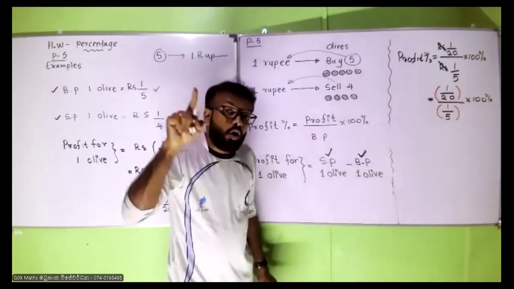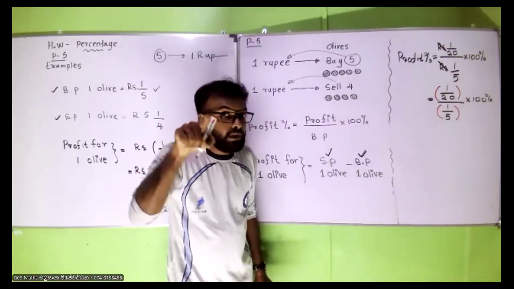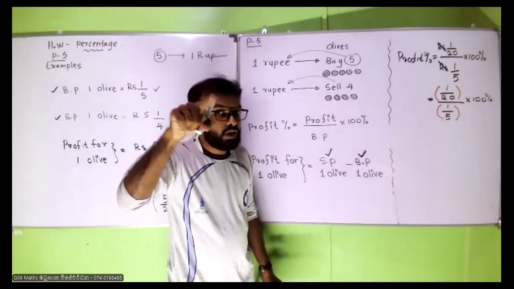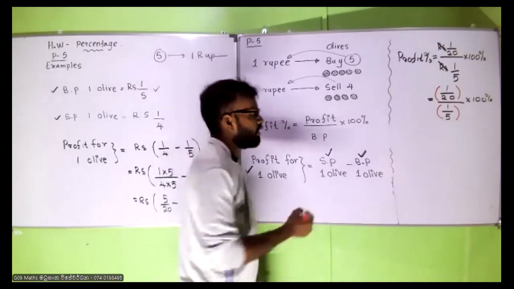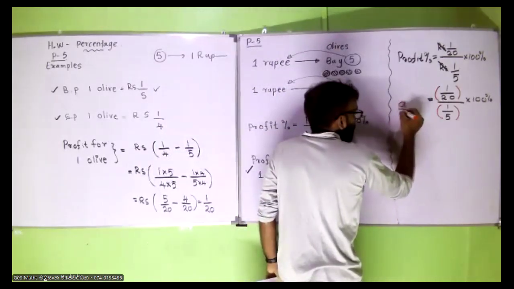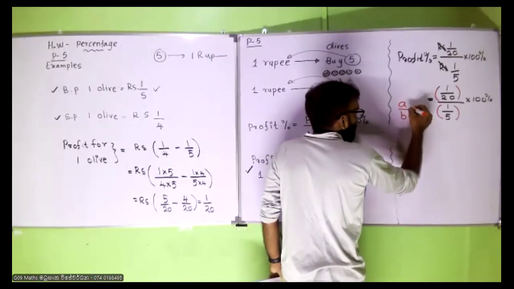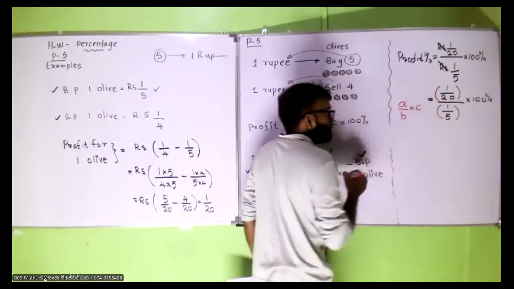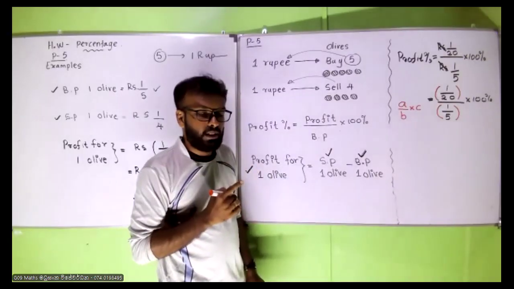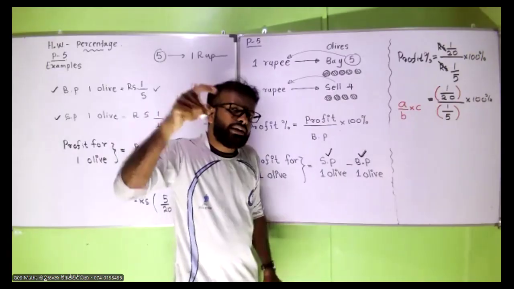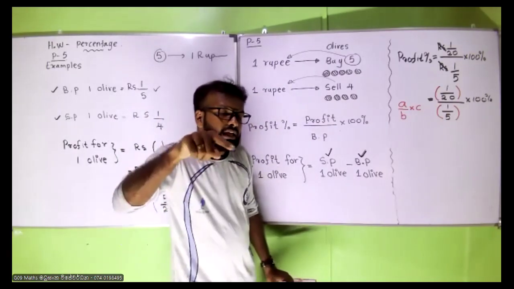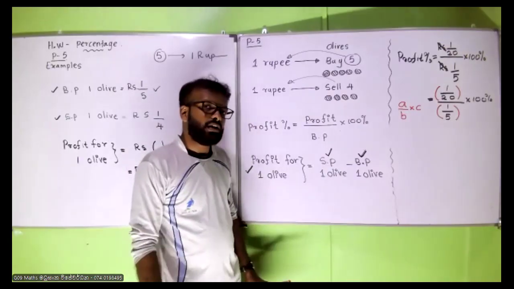Alright. Now I will write something similar to this, so then you can understand. A divide by B multiply by C. Correct? A divide by B multiply by C. How are we going to write A divide by B in a different way? Can anyone tell me?